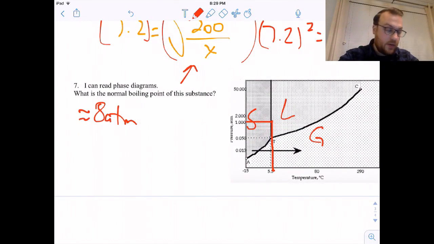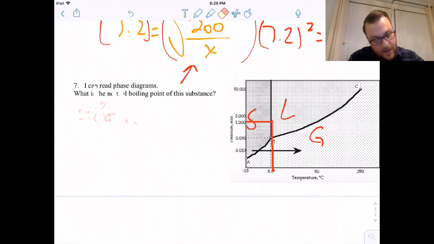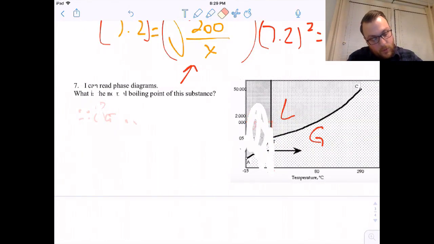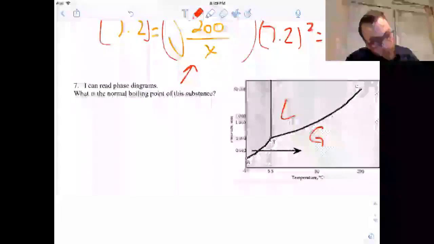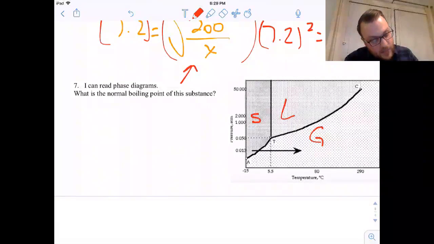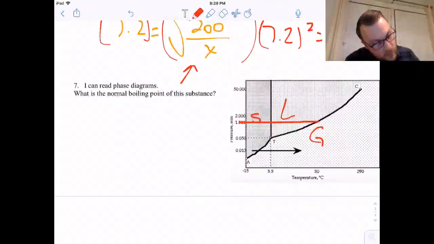No, not 8. Tomorrow is a day, yeah. What is the normal boiling point? Boiling point, Mr. G. So this is a solid. So it boils at around 80. 80, not 8. What did I do? I did the melting point.